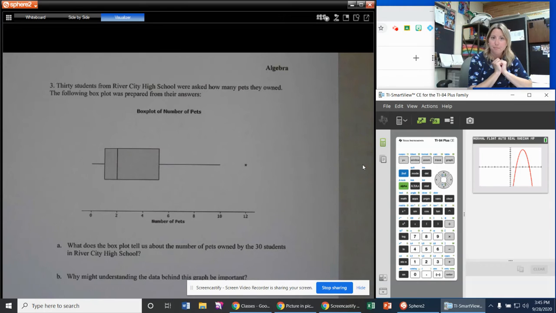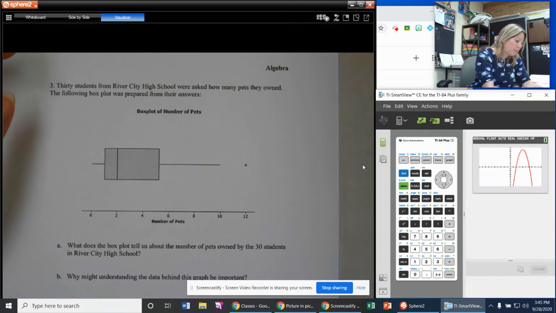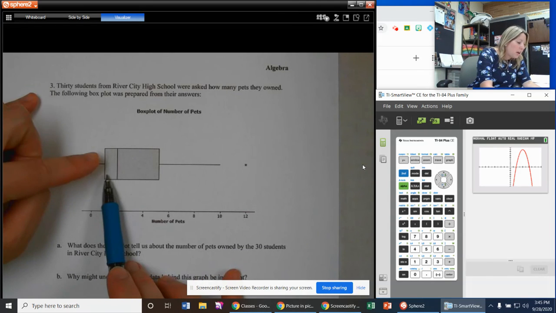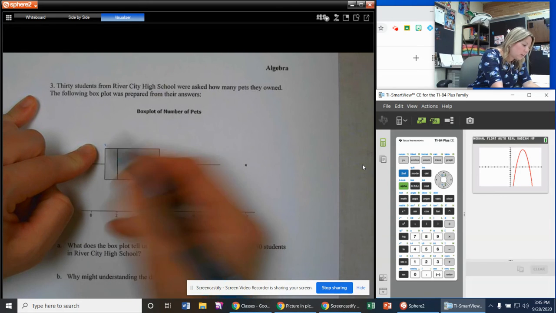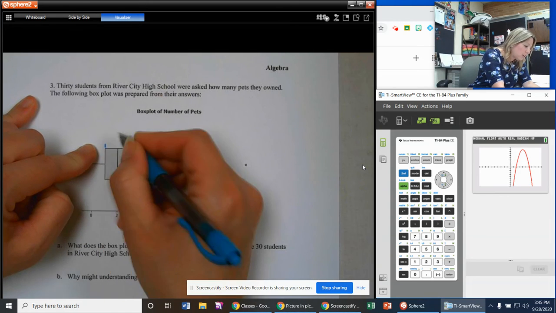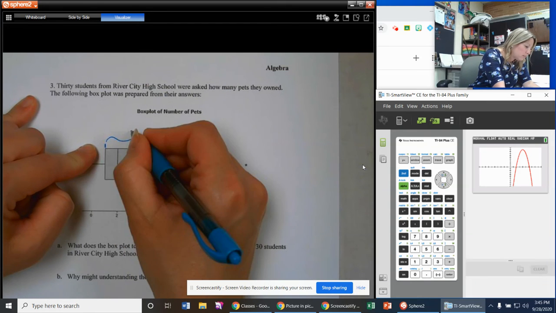Hopefully you're back. And here we go. What does the box plot tell us about the number of pets owned by the 30 students in River City High School? Well, if each section of the box plot, there we go, let's use words, is 25%, then 50% of the data is between here and here, right?